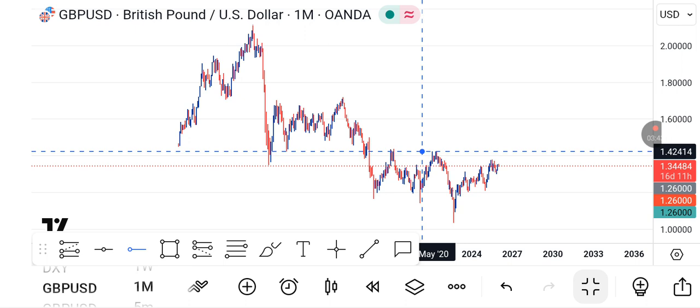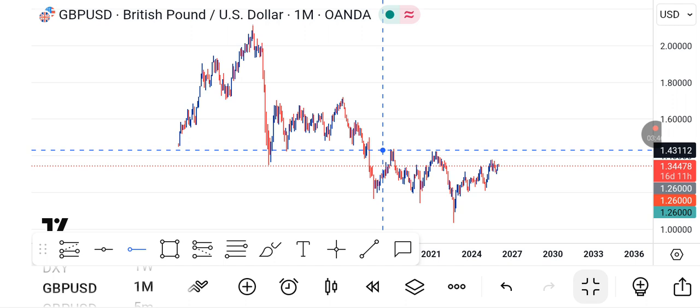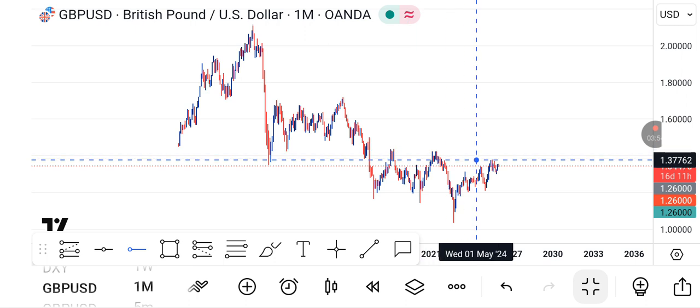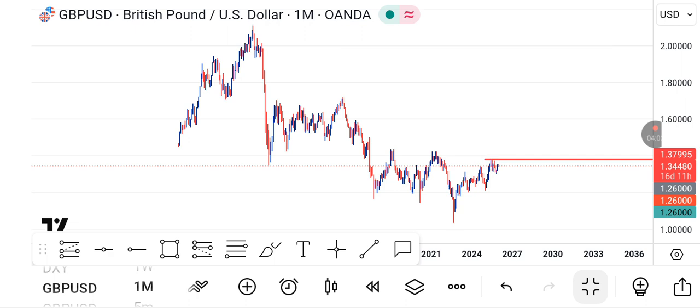There's a resistance here, but I want to mark the nearest resistance, which is around this place, because I know where the current market is.